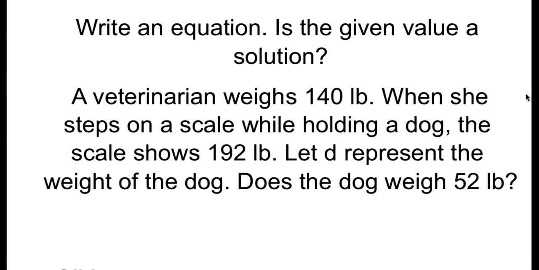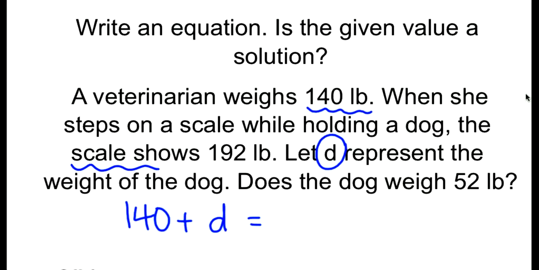So the first thing I know is that the veterinarian weighs 140 pounds. So I'm going to represent that with a positive integer because she weighs a positive 140 pounds. I don't know how much the dog weighs, but they do tell me that they want D to represent the dog. And in total, the scale shows 192 when she's holding the dog. It also wants to know if 52 is going to make the statement true.